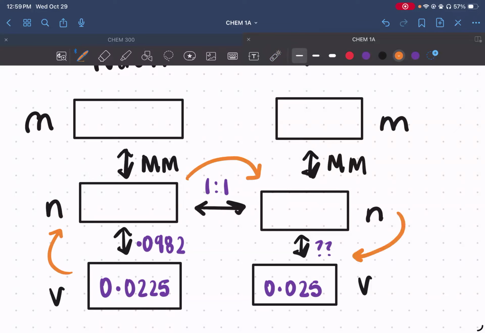In every other roadmap usage, it's something in the box that we've been trying to find. For the first time, we're being asked to calculate something over the arrow, in what I've called the bus pass. Every other time I've given you the bus passes, or you've been able to calculate the molar mass. Now you're being asked to calculate the bus pass, the molarity. The process doesn't really change though. We're gonna go step 1, step 2, step 3.